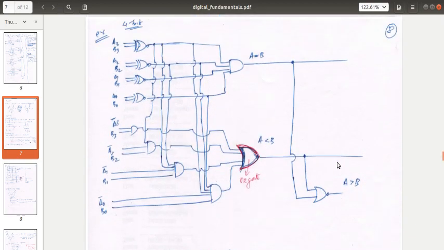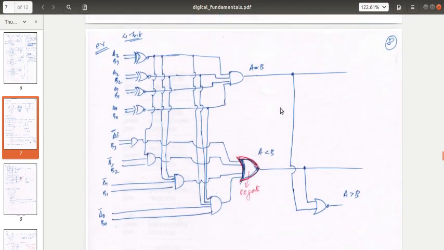Okay, but the problem here is that as the number of bits grows, the number of gates required will be higher. For example, here we are using a 4-input AND gate. Here we are using a 4-input OR gate.